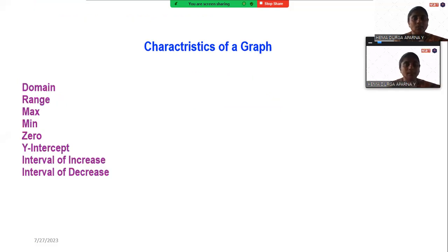Before entering into the topic, let me recall what the characteristics of a graph are. A graph is nothing but a pictorial representation.